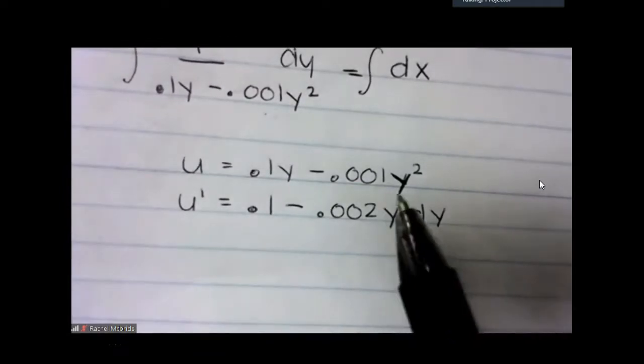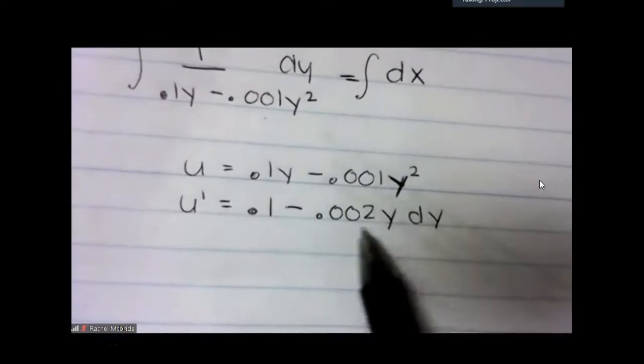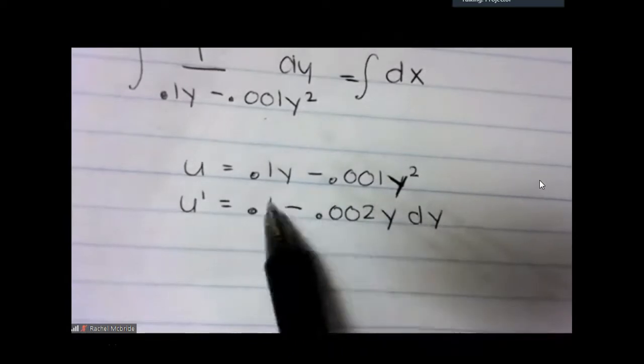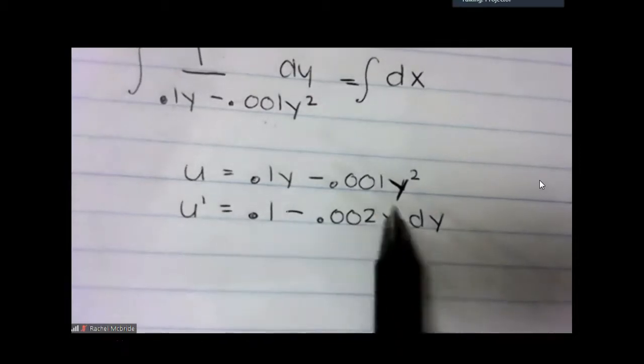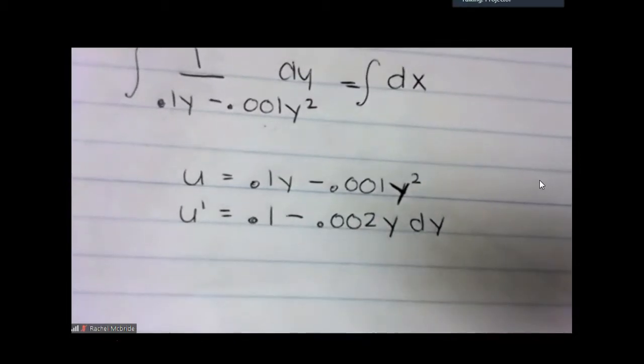So obviously we're missing the y up top. So that's where you have to go back in and do the ideas with your u subs. So we know it's 1 over u, but we're missing the y up top. So that's where you go back and solve for your y up above.